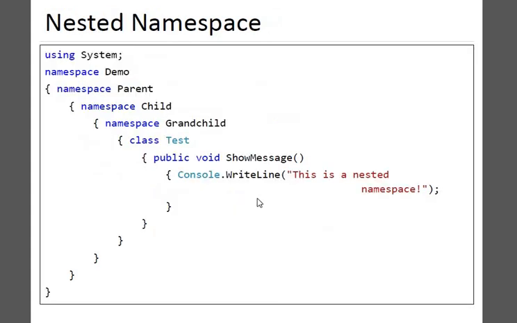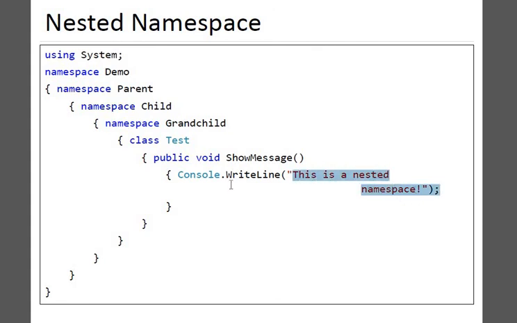Now the next concept with namespaces is the nested namespace. When you use a namespace within a namespace, it means you perform a nested procedure. It's a namespace demo in which I again specify one namespace as parent, another namespace as child, then a grandchild, then the class name, and the method name, in which the method is display.